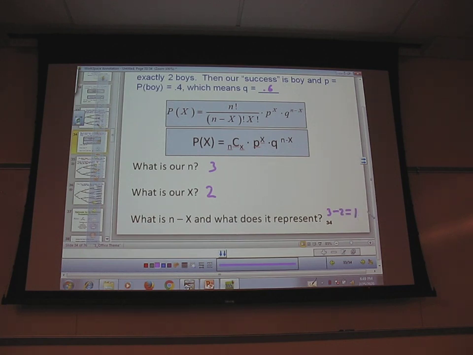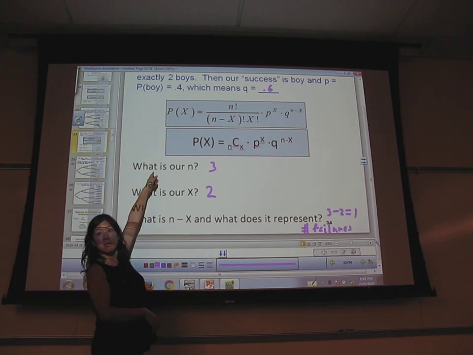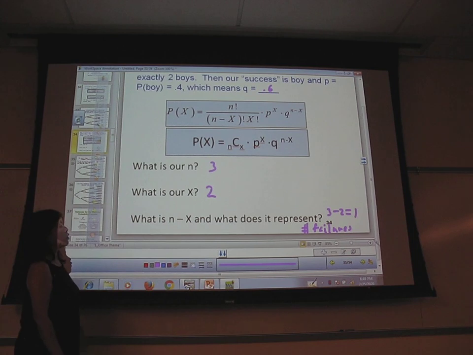It's the number of failures, not little q, which is the probability. Does that make sense? In this case, it would be the number of girls, because these 2 things need to add up to n. Successes and failures better add up to my total. Okay, so you kind of think of it as my failures.